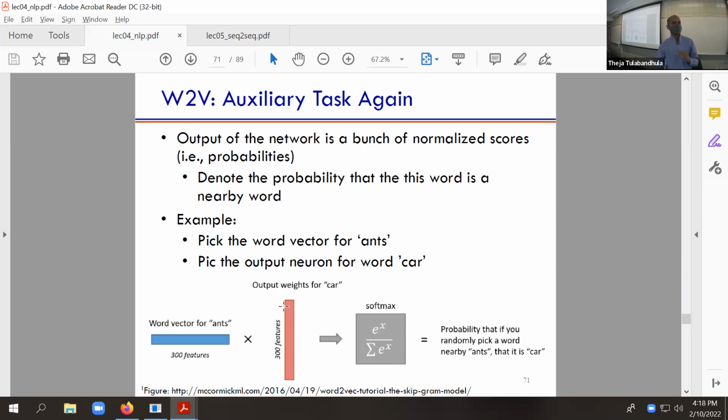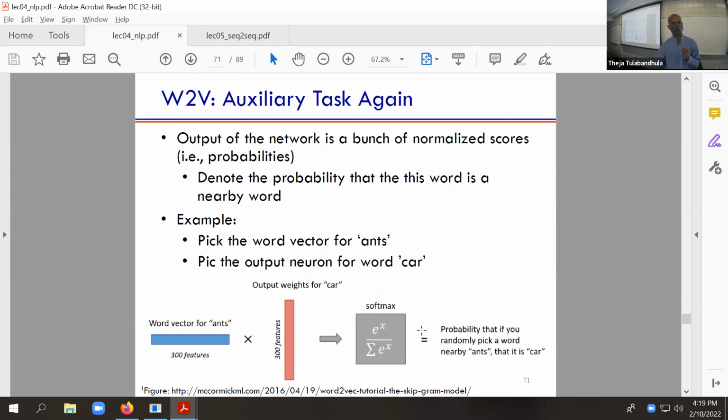Let's say you focus on one of the outputs, let's say car's probability. That output corresponds only to the multiplication of this ants vector with a row of the output matrix, which is 300-dimensional.